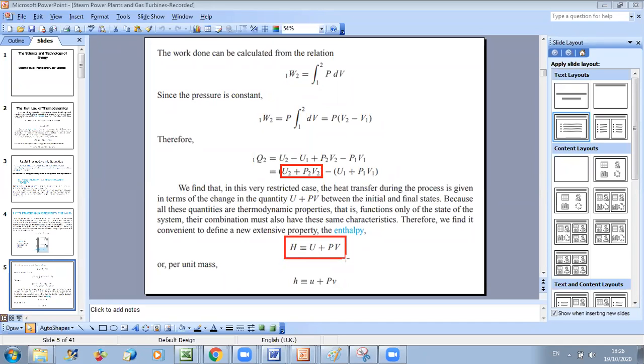Now you will tell me, but it's just a particular case here, so why do we define a new property? We will see together that when we have a flow, so it's not a closed system but an open system where you have a fluid entering and leaving, the enthalpy will appear again, and it is of high importance. This is why we add this new property to the other thermodynamic properties, and H is computed as U plus PV.